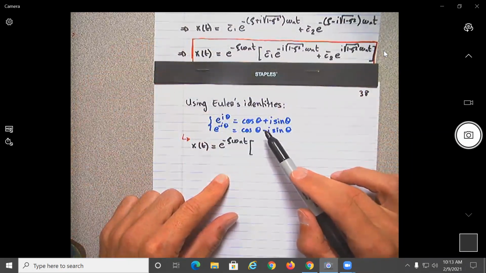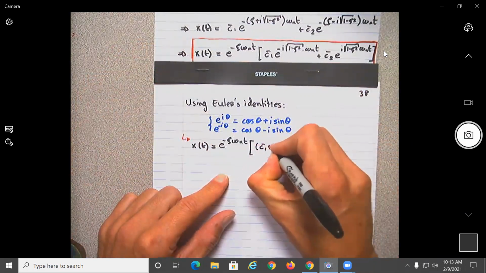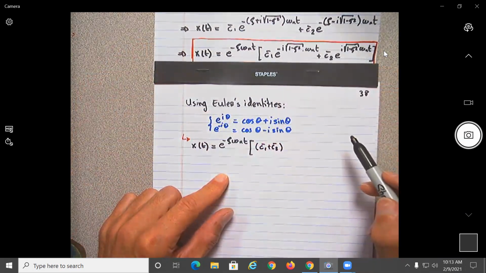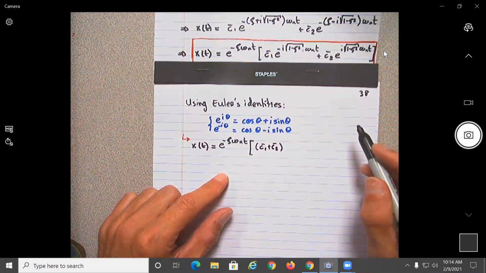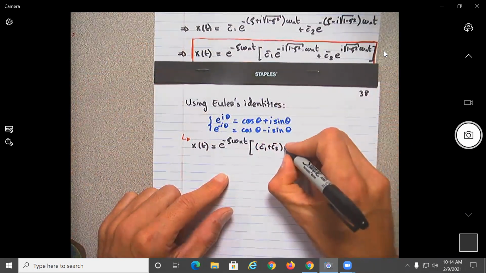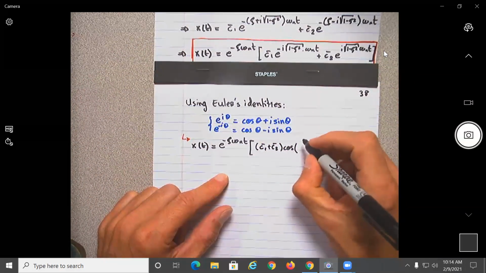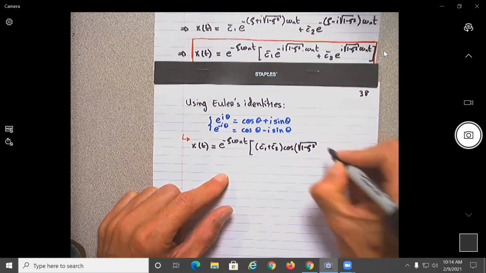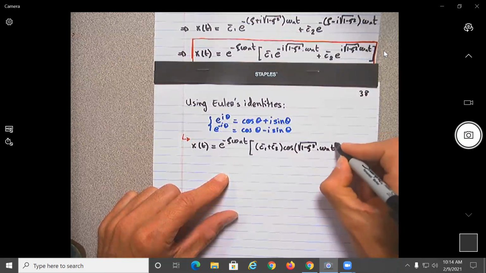All right, the first part. So maybe we can combine it right away. We'll have c bar 1 plus c bar 2, and this will become cosine of square root of 1 minus zeta squared omega n t.